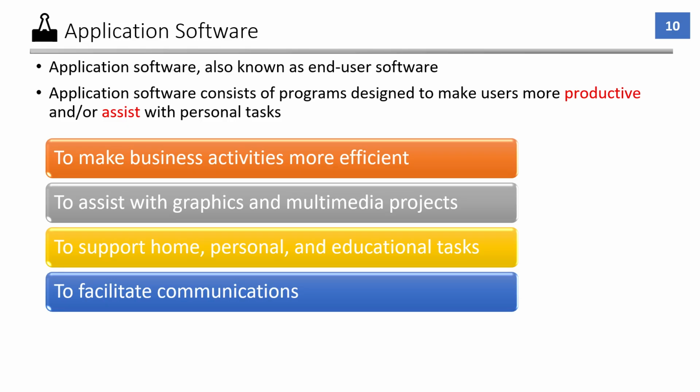It is also used to support graphics and multimedia projects, including photo editing, video creation, and design work. In addition, application software helps with home, personal, and educational tasks, such as writing assignments, studying, and managing personal information. Finally, it plays an important role in communication, allowing people to send emails, chat, hold online meetings, and collaborate easily.